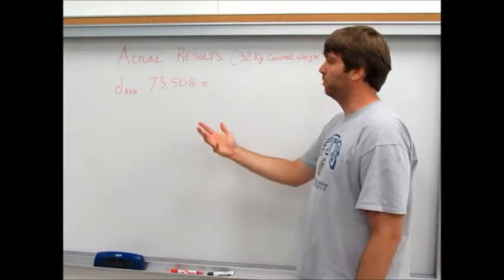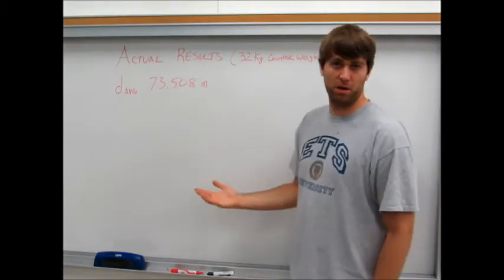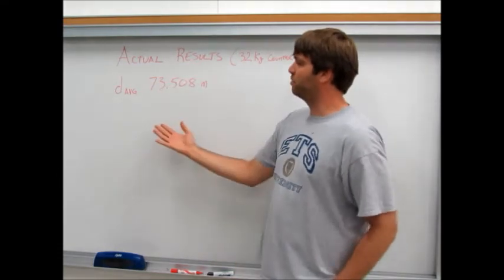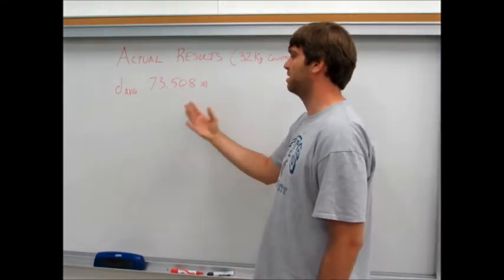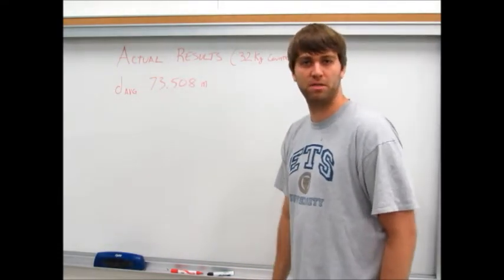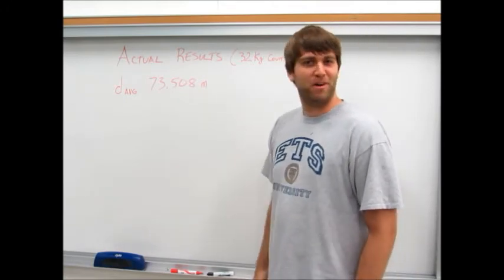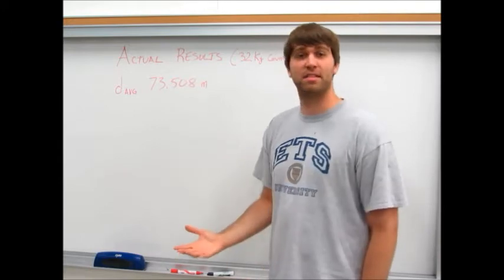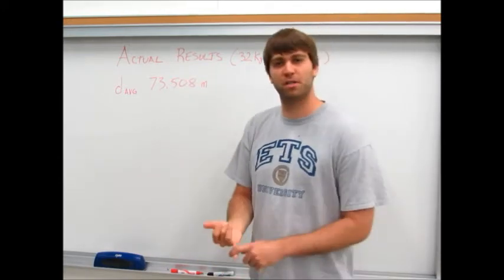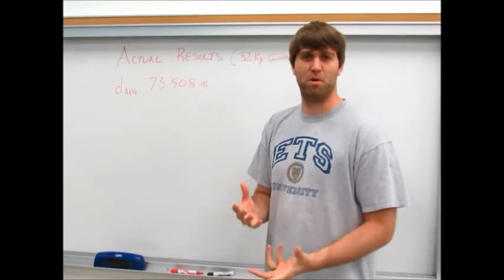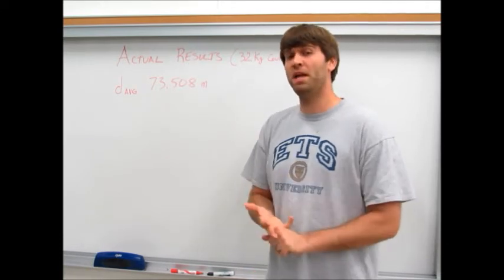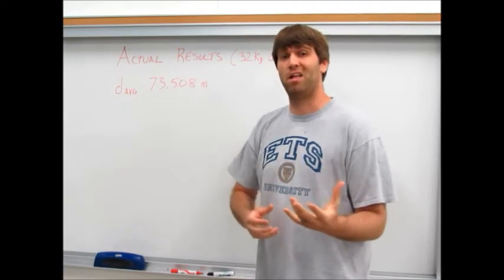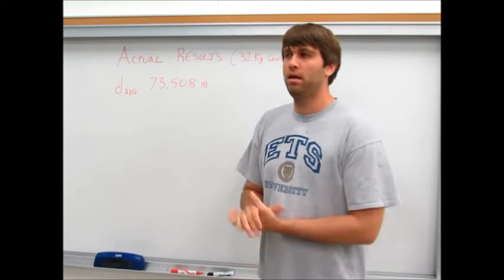The actual results of our 32 kilogram counterweight throwing the softball ended up being an average of 73.508 meters. Not nearly as far as we were ideally hoping for, but there are a lot of things that come into play. There's friction between the different parts of the trebuchet. There's the weight of the softball compared to its size, so wind resistance acts much more drastically upon it.